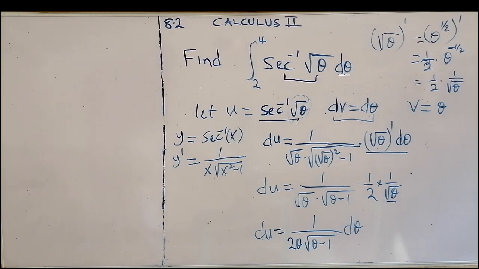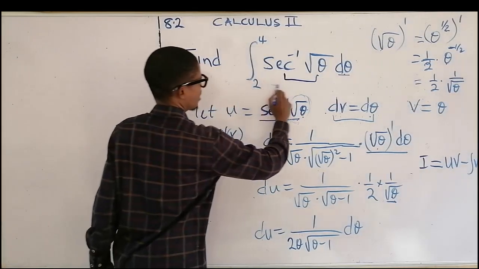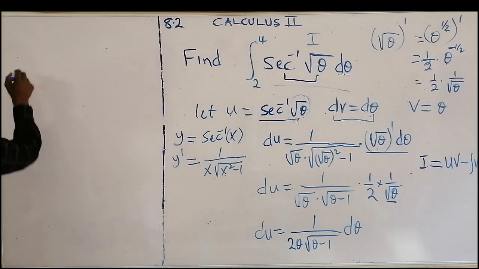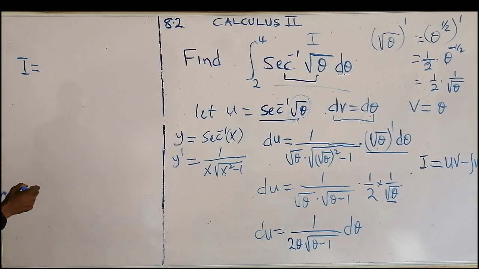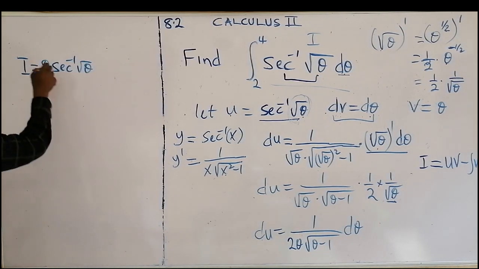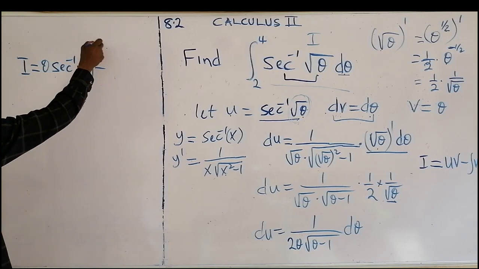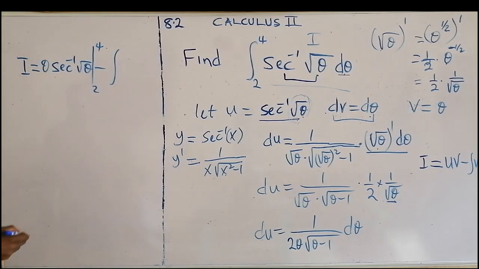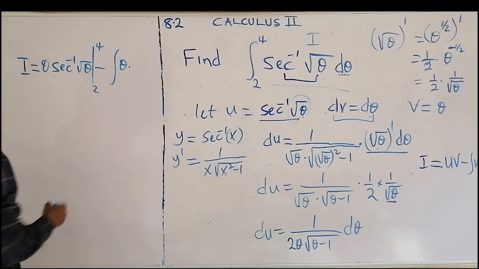The next thing to do is to begin to use the formula for integration by parts, which I gave in one of the videos on integration by parts, section 8.2. I'm going to give this question the symbol I. So I is equal to, my u is arcsec root theta, my v is theta, minus, indicating the upper and lower boundaries, the integral of v, my v is theta, times du.